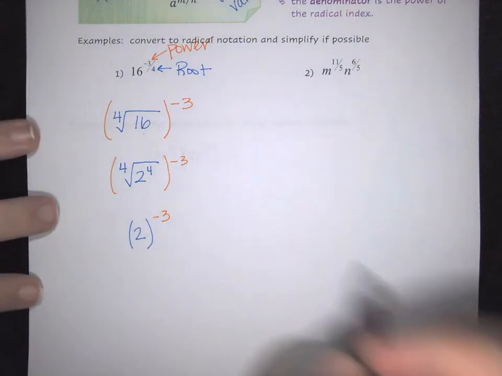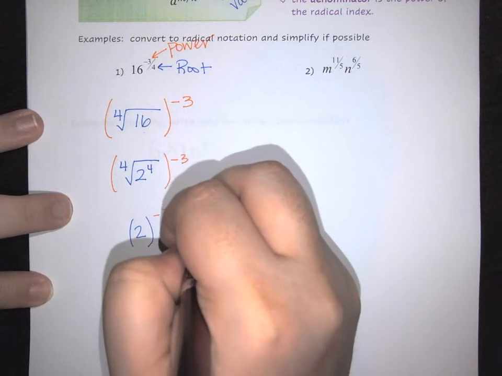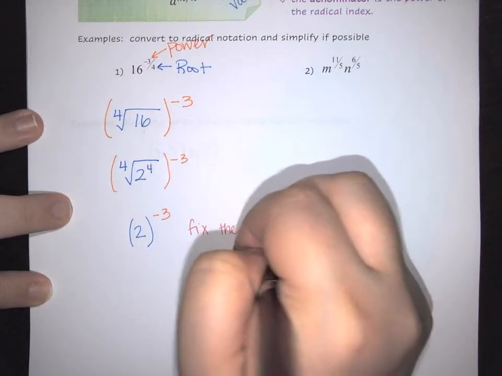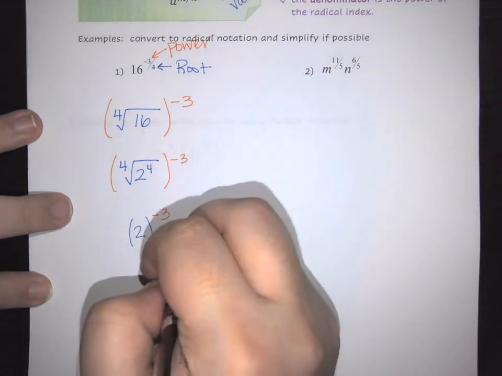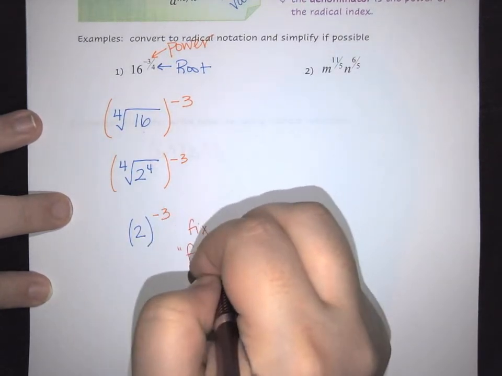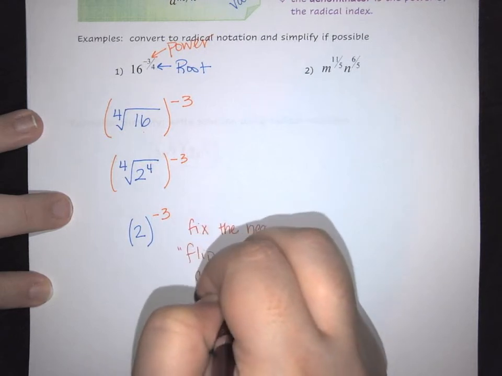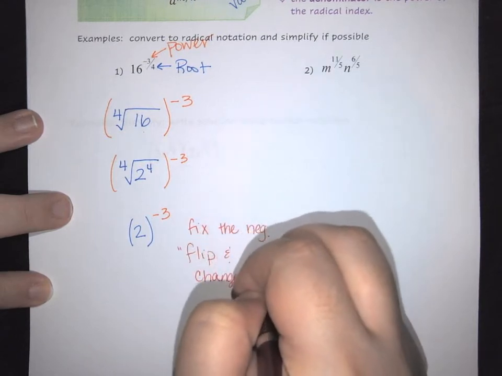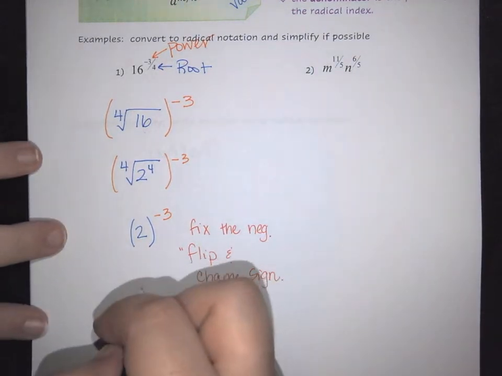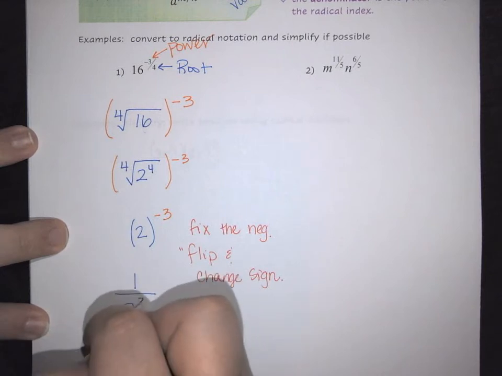Now, one of the things that we have here is we have to fix the negative. And so what that means again is we have to flip it, and then we're going to change the sign. So here this is going to become 1 over 2 cubed.